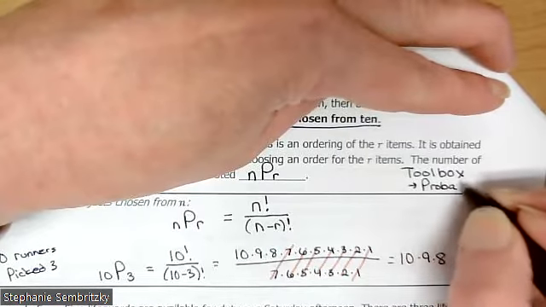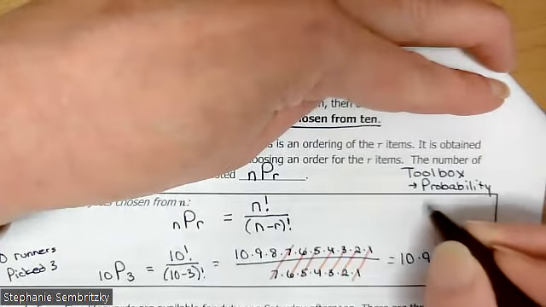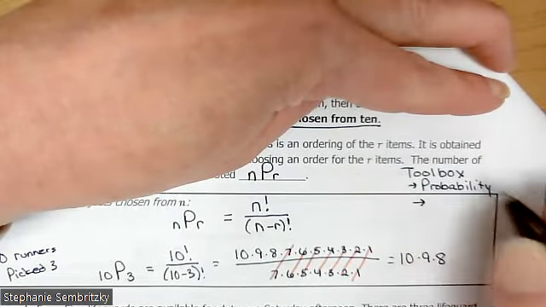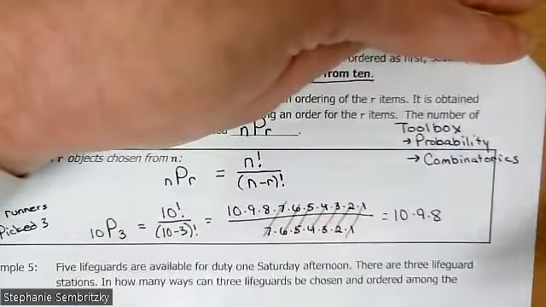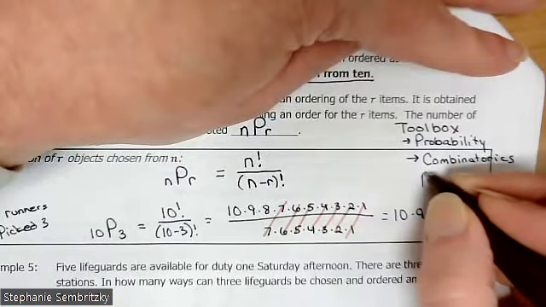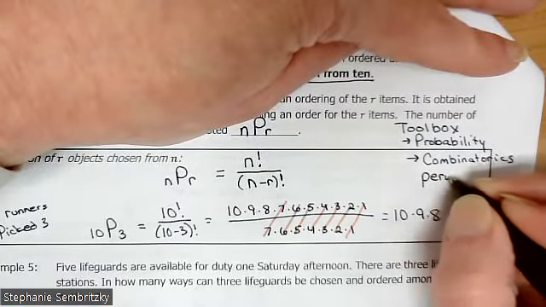Isn't that weird? Probability for a probability section. Then we choose a weird one called combinatorics. That means combinations, how many different ways you can do something. And for a permutation, we would select the option that says permute.